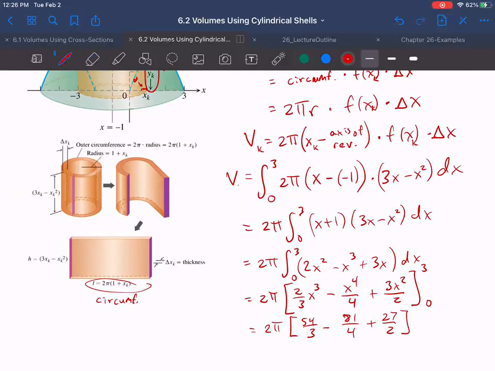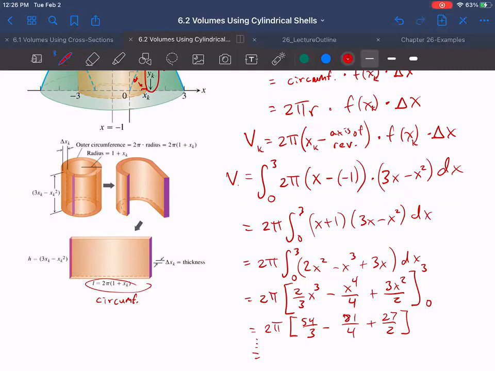And then you can go through and do the algebra. I'll let you practice those. You can reduce the 54 over 3, not the 81 over 4 though. But 54 can be divided by 3, that's 18. So you could do 18 times 4 over 4.